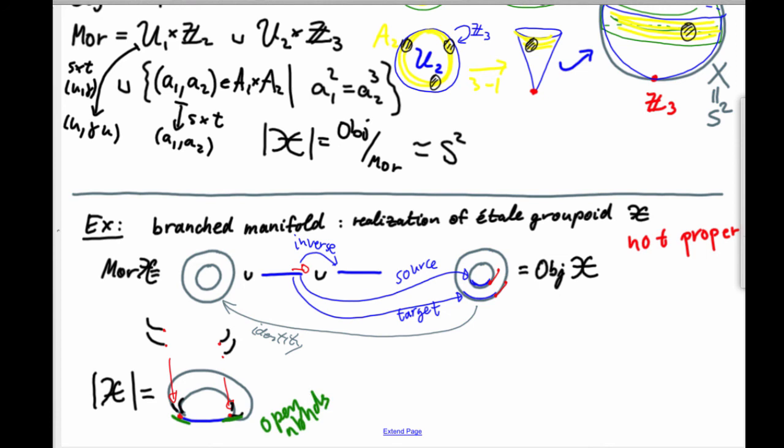So the neighborhoods here will intersect in the blue area, so they don't separate the 2 points. That's exactly saying that this is not Hausdorff. So that's what we call branching, and I guess it's called manifold because at least of the manifold structure on the object and the morphism spaces.